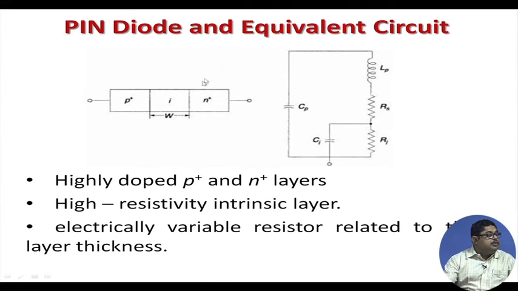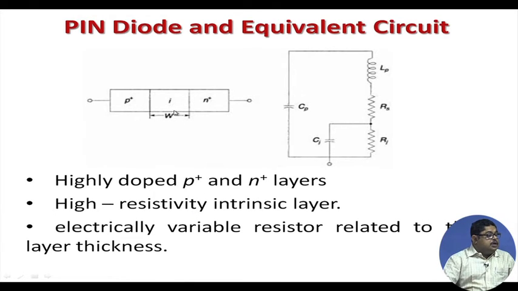In the PIN diode equivalent circuit, as I said, it is PN, but actually they are heavily doped, so they are called P plus and N plus. For every material there is a limit; if the doping is more than that we call it P plus and N plus. And there is an intrinsic layer of width W.